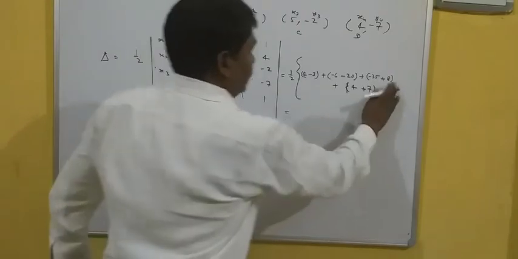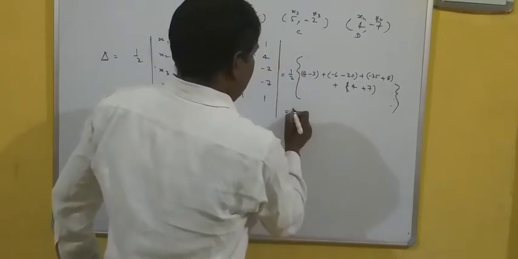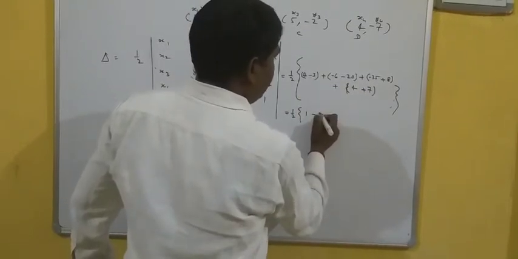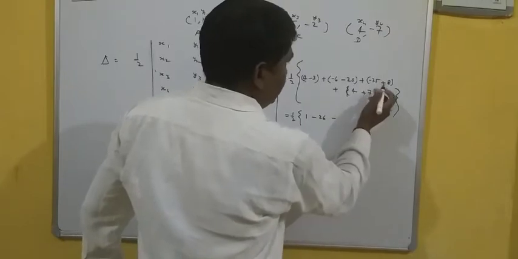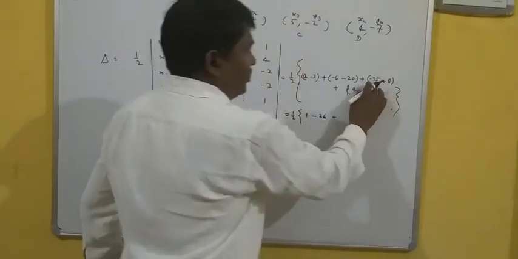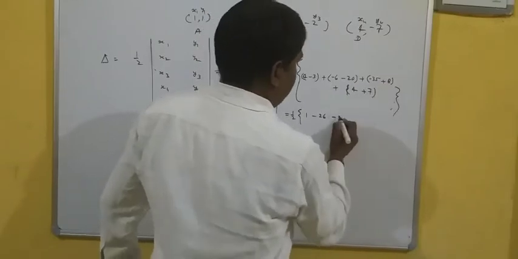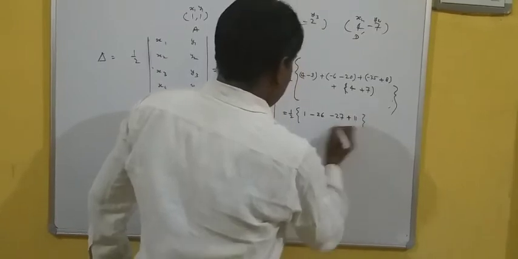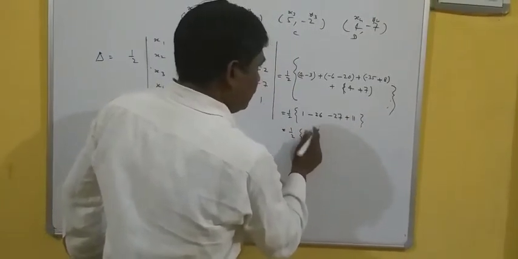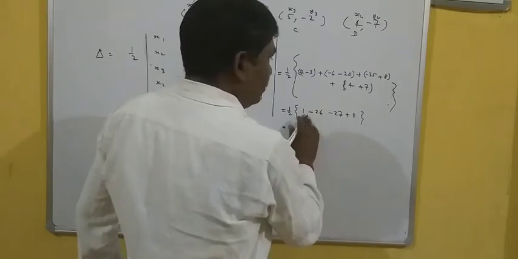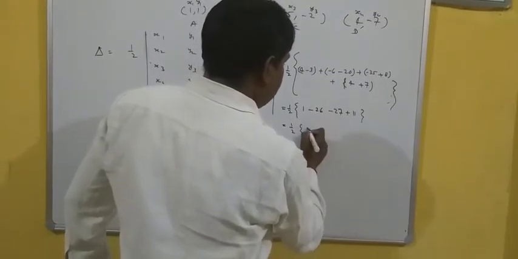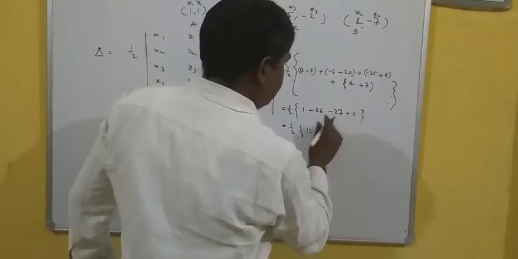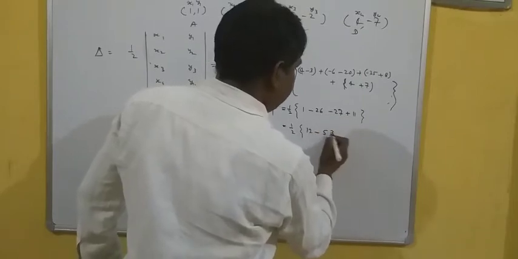So calculating it, what will you get? 1 by 2, see 1 minus 26 minus how much? 35 minus 35 plus 8, 27 plus 11. So see what will you get? 11, 1, 12 here, minus 26, 12 minus 3, 53.